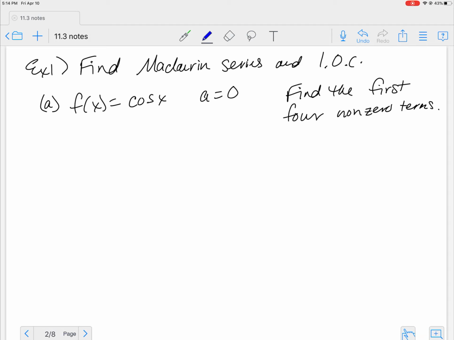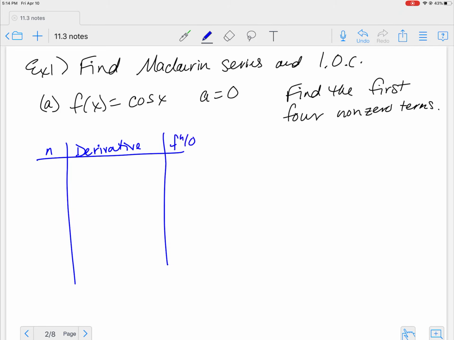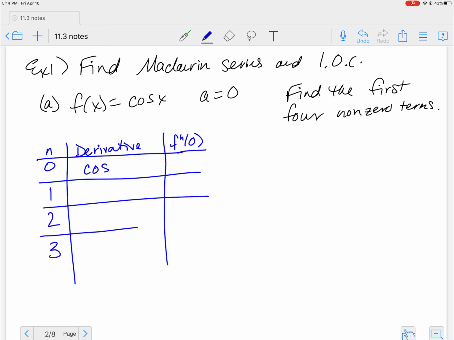Okay, so we're going to do the exact same thing here. I have finding the derivative, and my nth derivative centered at 0. So you always start with 0, and then I have cosine. So cosine at 0 is 1.